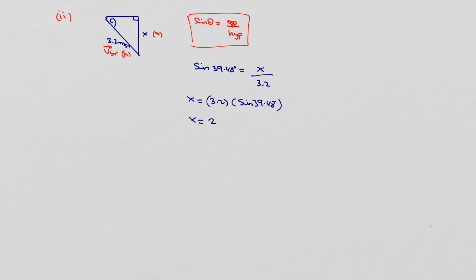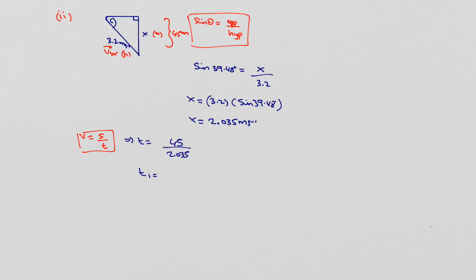That gives me a speed of 2.035 meters per second straight across. And of course, velocity is equal to distance over time. So the time will be the distance, which is 45 meters straight across, over the speed, which is 2.035.